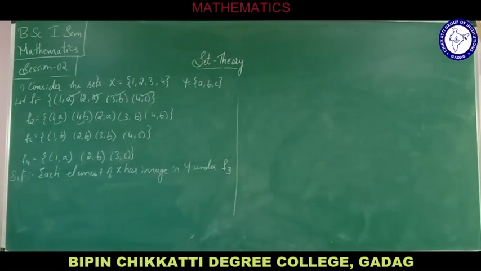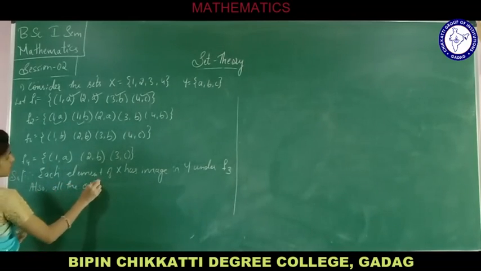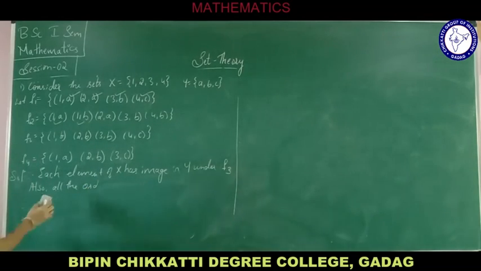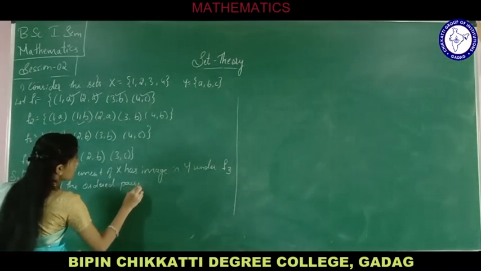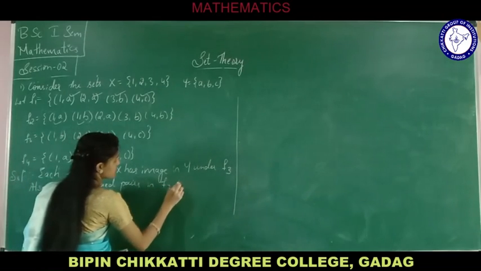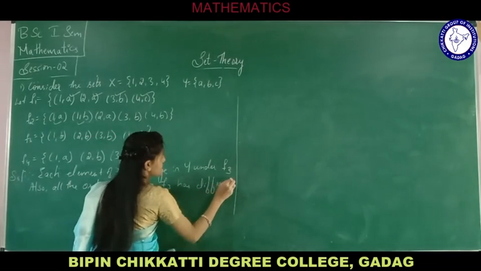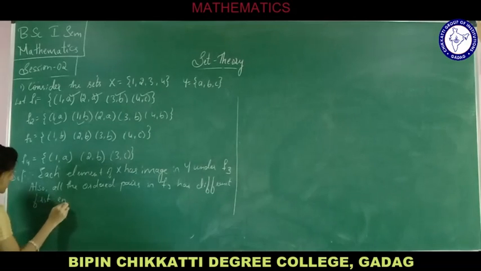Also, all the ordered pairs in f3 have different first entries.